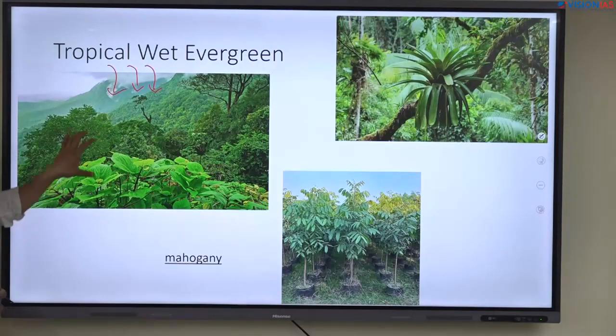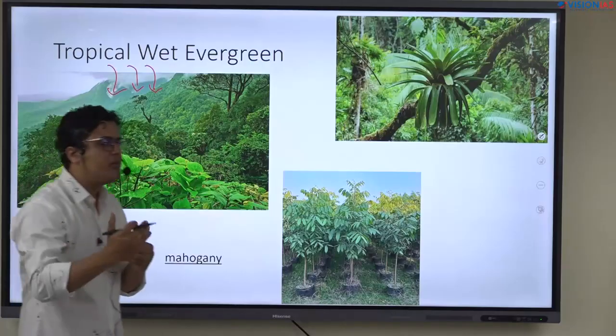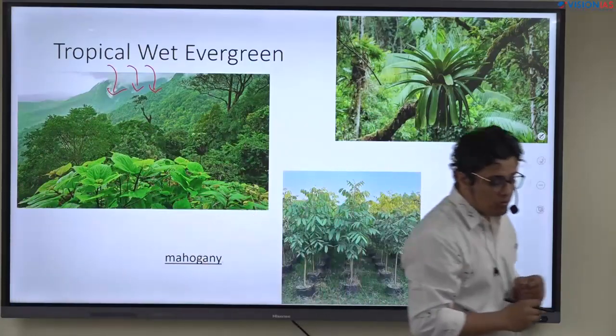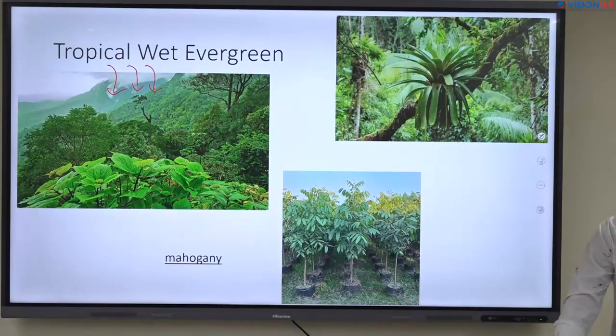Breaks will appear if there is a river flowing, if there is a valley, if there is a mountain. That means if there is a physical barrier, then only you will see a break in this green cover. Otherwise, this green cover will appear continuous. So what you will say, it's a dense forest. No breaks, continuous forest.